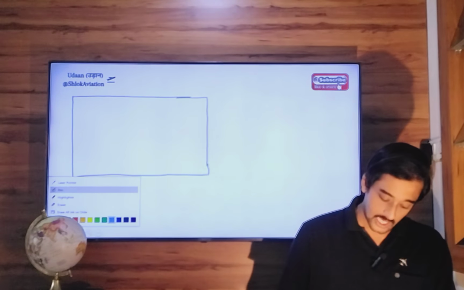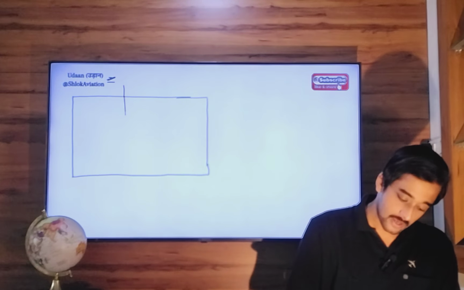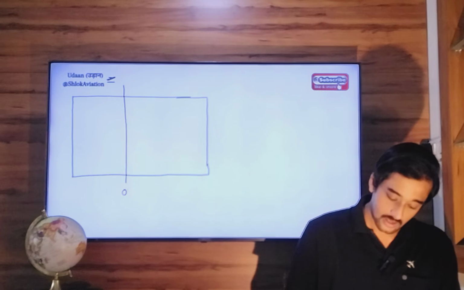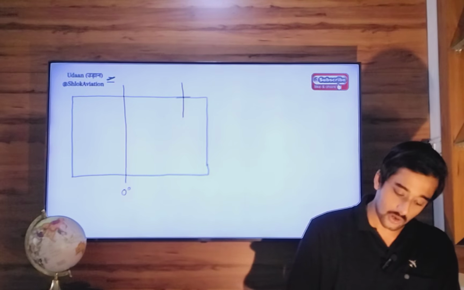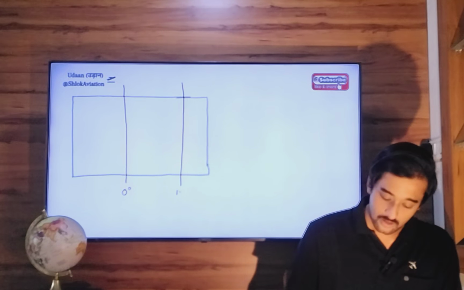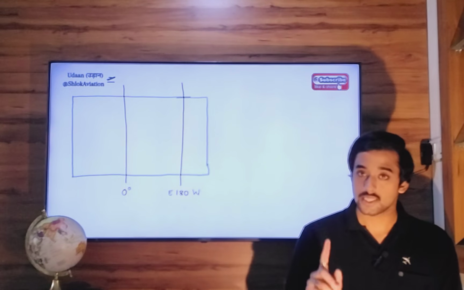So I will draw a prime meridian here, 0 degree, and the reciprocal of which is the 180 degree meridian I will draw here. So 180 east is this side, west will be that side.